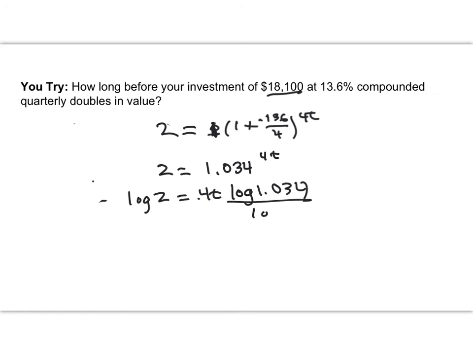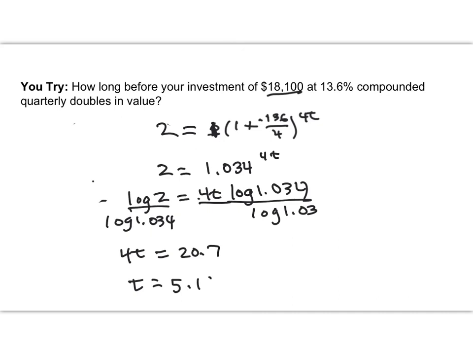Divide both sides by the log of 1.034. That leaves me with 4t is about 20.7. Divide both sides by 4, and I get t is about 5.18 years. You'll notice that didn't take very long compared to some of our other problems, and that's because we have a high interest rate. All right, that's it for today.